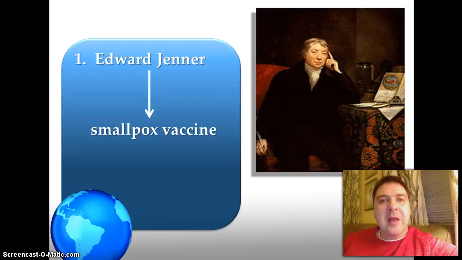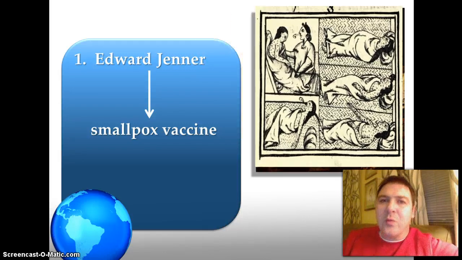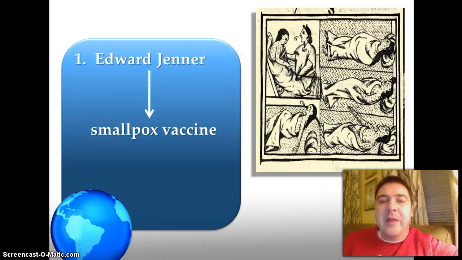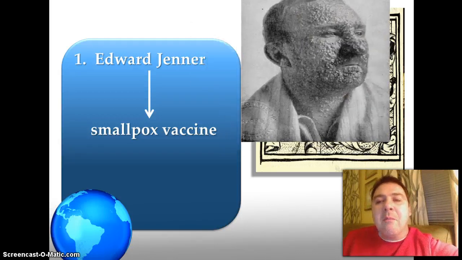The Native Americans would have greatly benefited from the vaccine, basically the preventative thing to keep the disease from happening in the first place. Smallpox was an incredibly deadly disease, one of the deadliest viruses that humankind has ever faced. As we mentioned, the Native American population was almost completely wiped out by this disease.